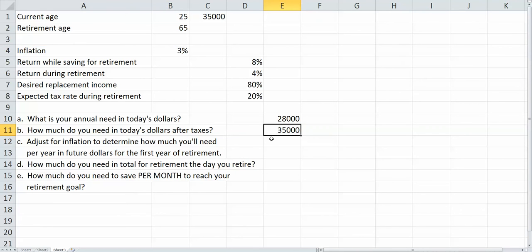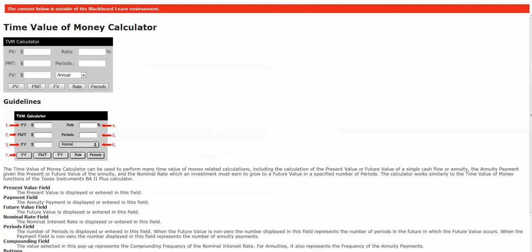To solve that, I'm going to use the TVM calculator that I've demonstrated a few different times. So our present value in today's dollars is $35,000. We're pulling it forward at 3%. There's no payment, and we're pulling it forward for 40 years. And we want to know the future value.